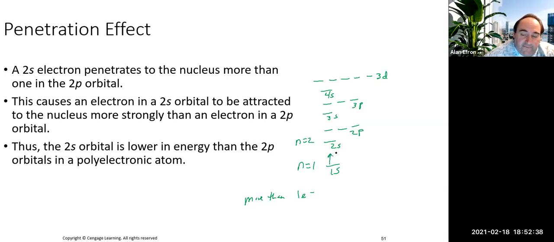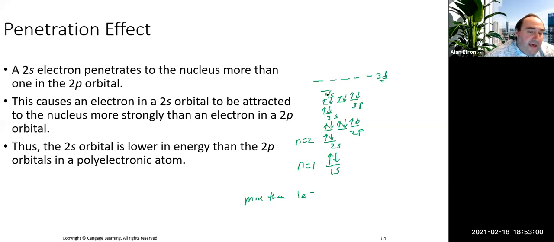So it's going to follow what you would normally think. It would fill up that 1s, go to the 2s, then fill up our 2p. It would then fill up our 3s, and obviously fill up our 3p. And then this is where some people run into problems. They assume, well, after 3p should go to 3d.